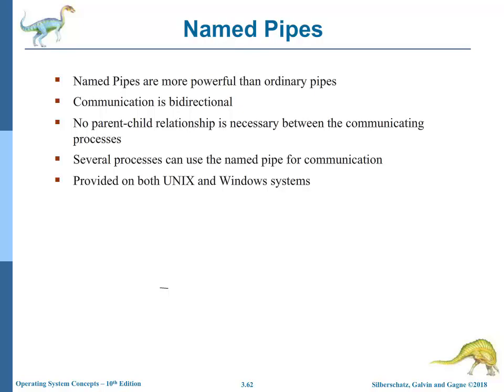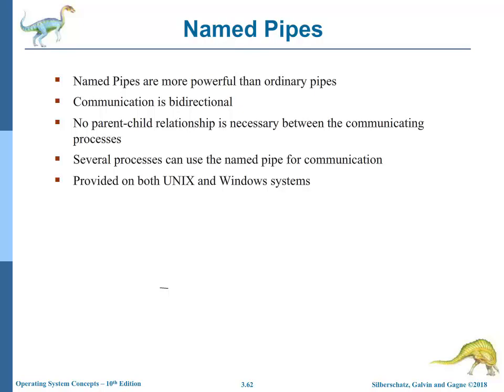Named pipe is an extension to the ordinary pipe concept on Unix. A traditional pipe is unnamed and it lasts only as long as the process. A named pipe, however, can last as long as the system is up, beyond the life of the process. It can be deleted if no longer used, so it's more powerful than ordinary pipes.